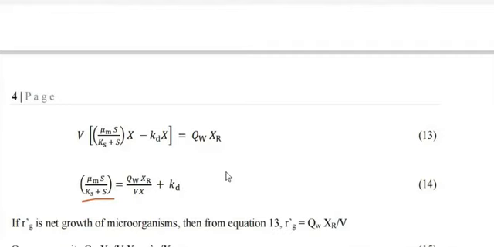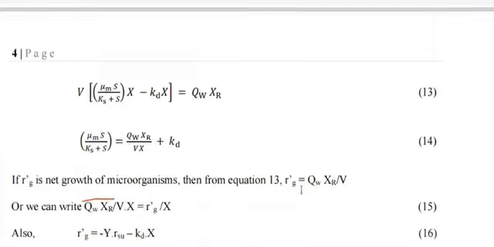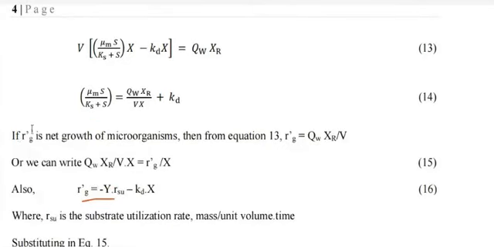After that, if r dash g is the net growth of microorganisms, then equation number 13 becomes, if I say that r dash g is the net growth of the microorganism, for that one we can write r dash g is equals to what? Q W, flow rate of the waste sludge, into the biomass concentration in the sludge, upon the volume.